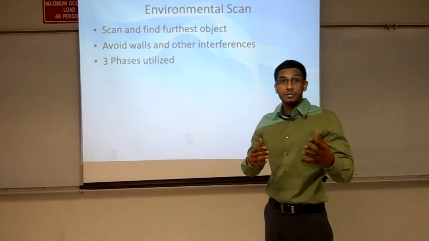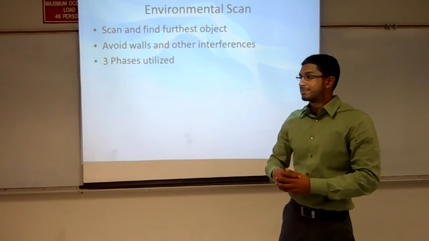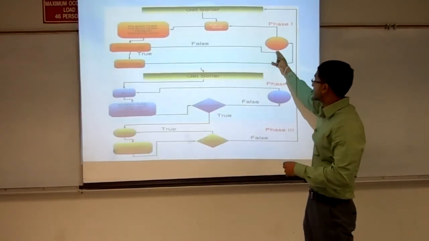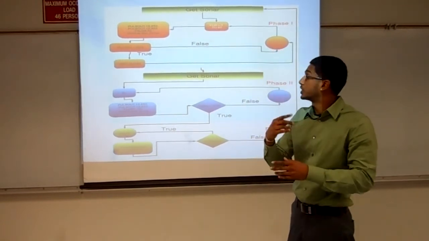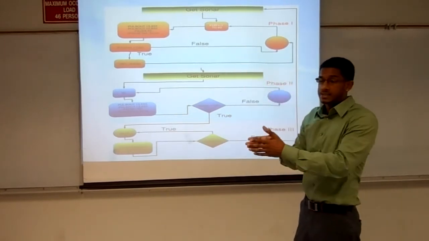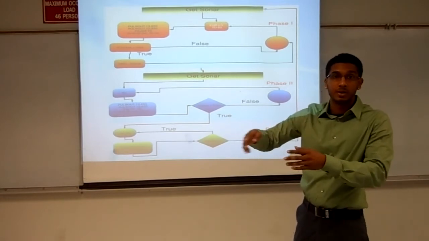We utilized 3 phases in order for this project to be done. The 3 phases start from here. This is phase 1, 2, and 3. Phase 1 was the first rotation of the robot, where from 1 to 60, it did a 6-degree pulse and then got a sonar reading.